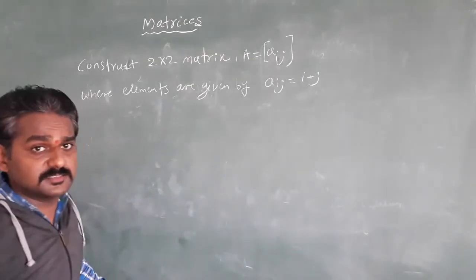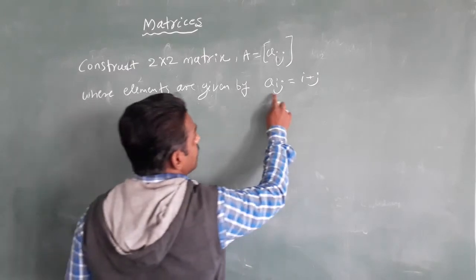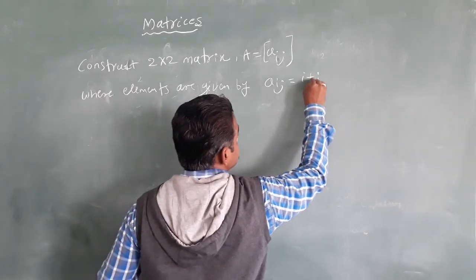How to construct this one? I mentioned Aij equal to I plus j form.